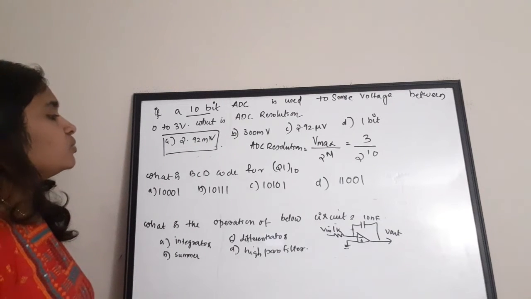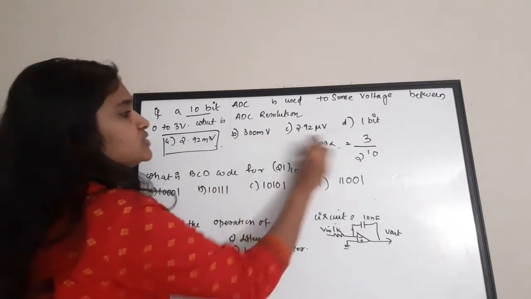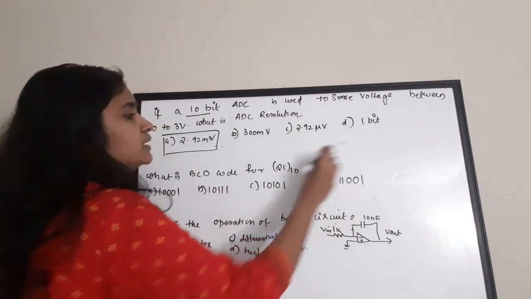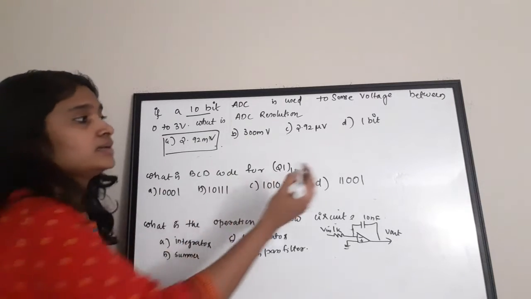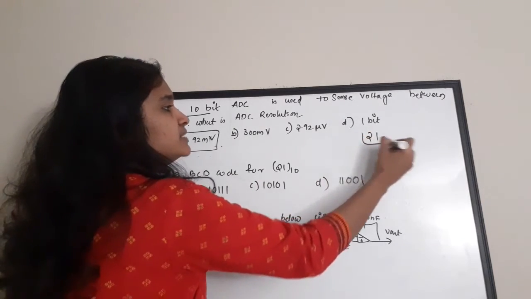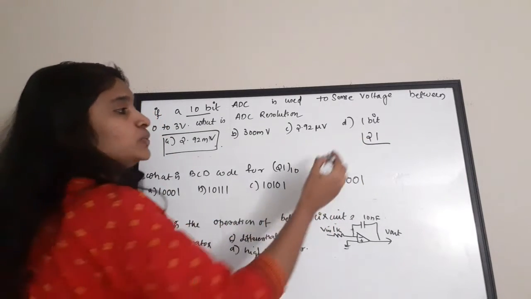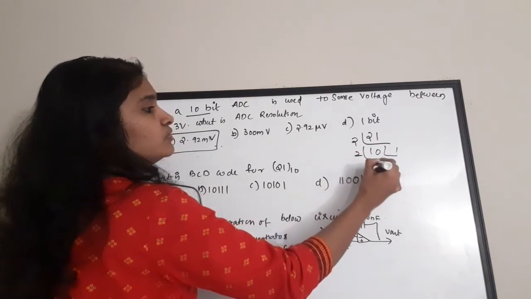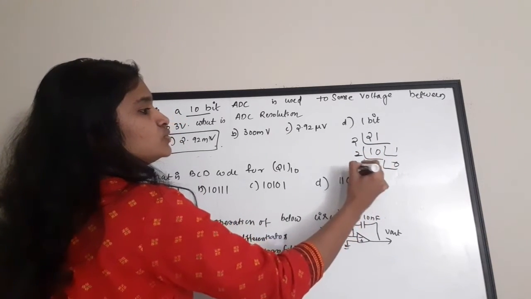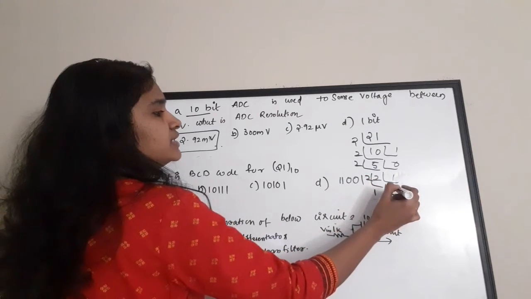Next question. What is the BCD code for 21 to the base of 10? That is, if the decimal value of 21 is converted into BCD, what will be the result? So we'll do a simple conversion. That is decimal to binary conversion we'll be doing. So 2 into 21: 10 remaining is 1, 2 into 10: 5 remaining is 0, 2 into 5: 2 remaining is 1, 2 into 2: 1 remaining is 0.